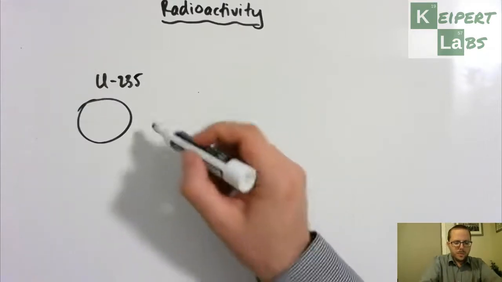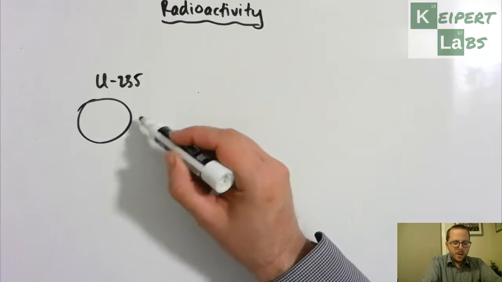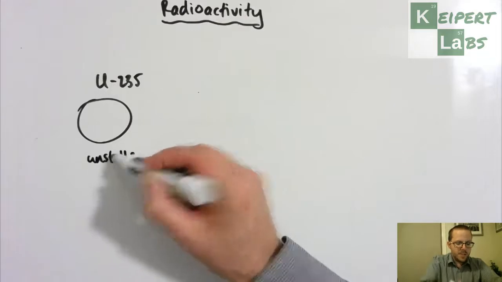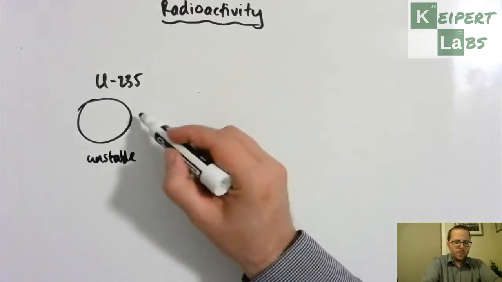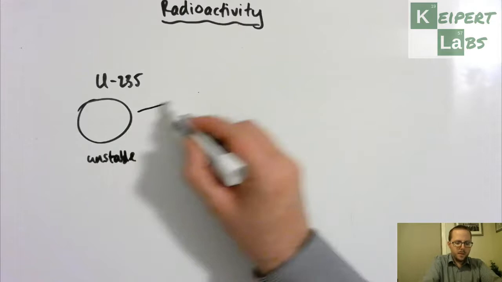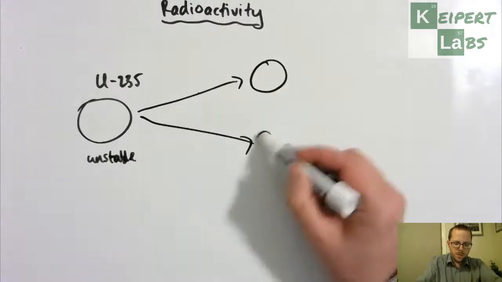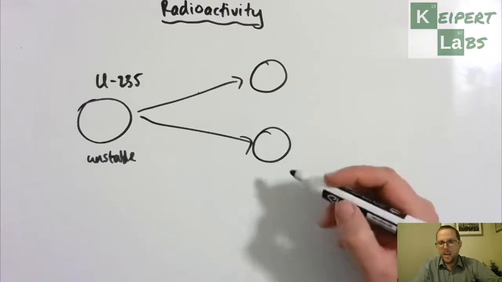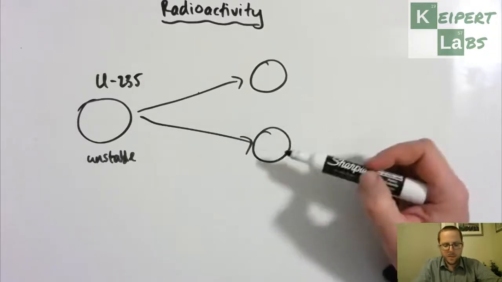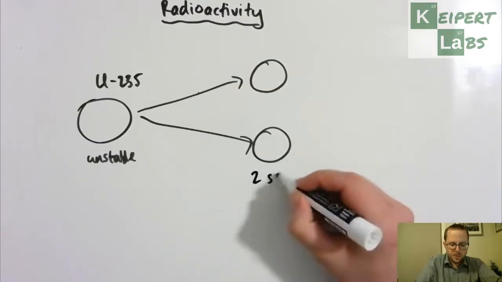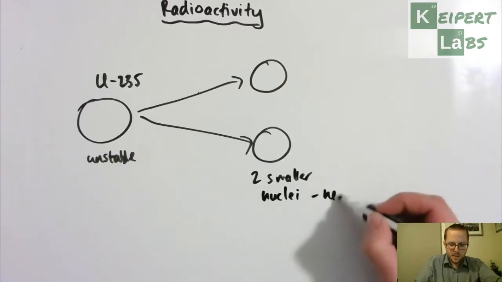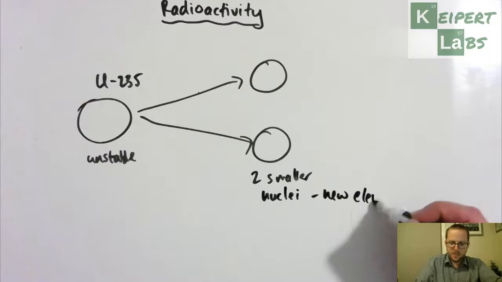What we notice is that this is unstable, and spontaneously after a certain amount of time, it breaks apart into two smaller nuclei. Depending on exactly how this happens, there could be a whole range of different elements. But what we get is two smaller nuclei, and these are new elements.